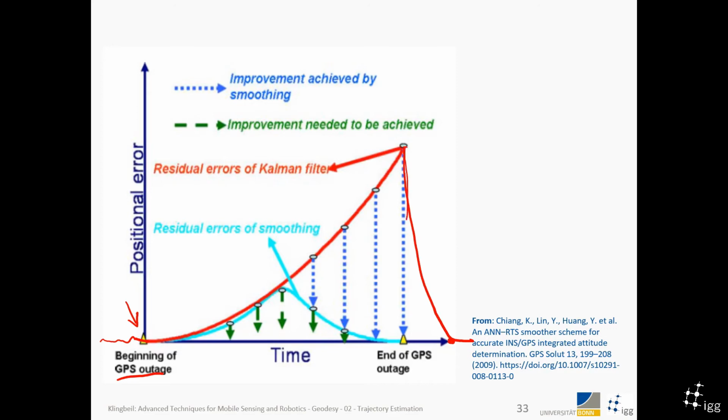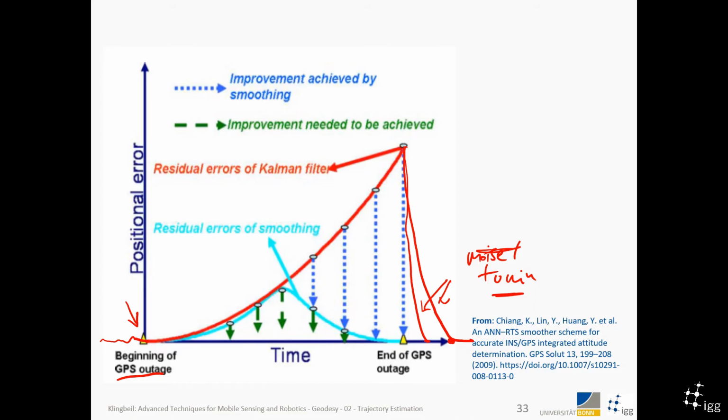And the time it needs to jump back actually depends on the models, on the noise that you put in here. So this is basically a tuning parameter of the filter. So the tuning determines how fast you go back.